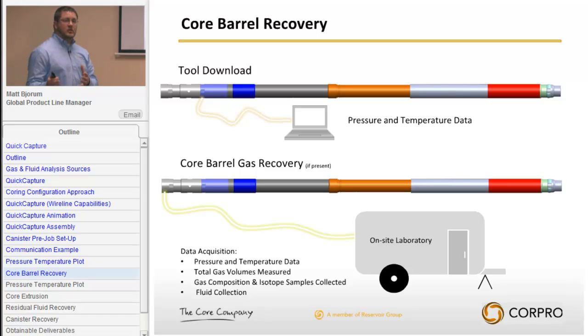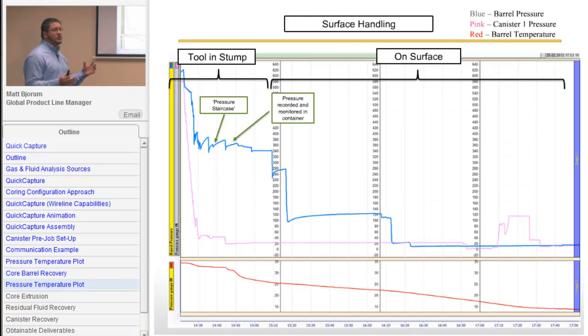Portions of those are collected for gas composition and isotope measurements to be done by the laboratory at a further point. And then at the end, once the core is extruded, we collect all of the fluids associated with the sample. As Doug showed you in the beginning portions, as we trip out of the hole, the barrel reaches surface and we're able to record the pressure and temperature during the whole acquisition process as well.